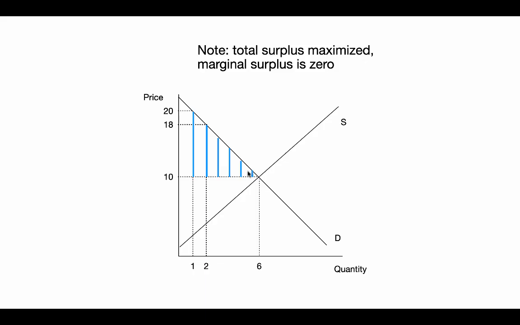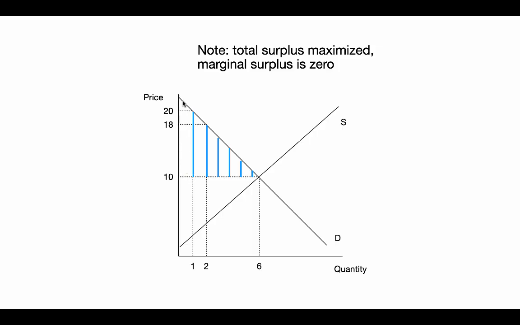Notice as I approach that equilibrium point, this last buyer is just barely willing to pay above $10, so they're getting a tiny little benefit. Whoever's that last buyer, we would call them the marginal buyer. In terms of total surplus, that's how we're going to be maximizing the surplus, because now we're selling to every person that has a willingness to pay above $10.